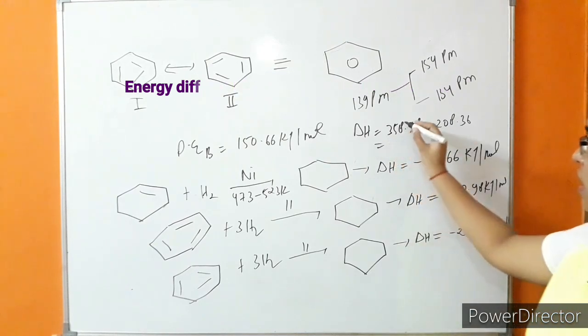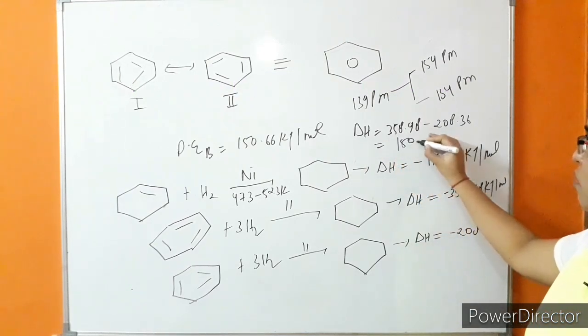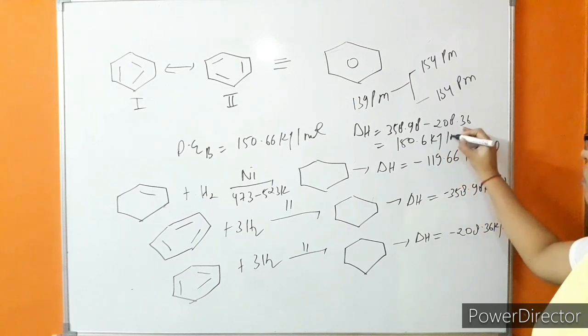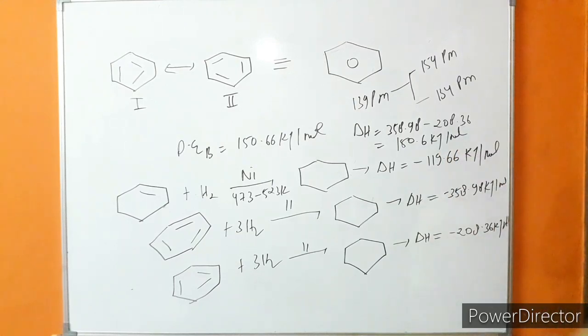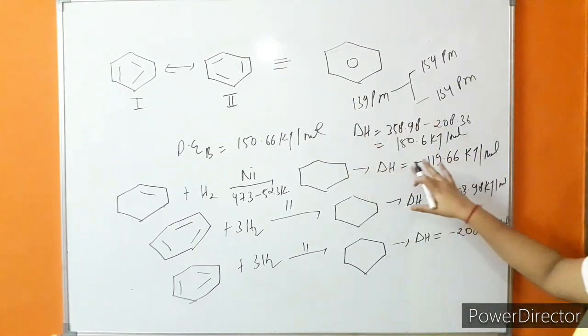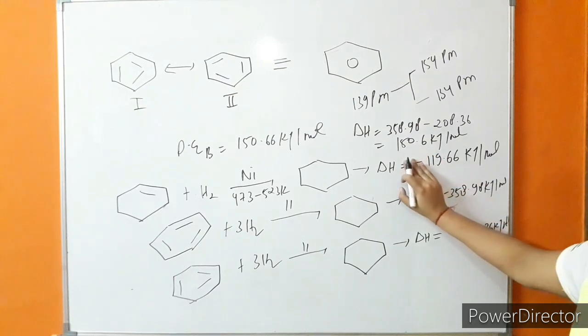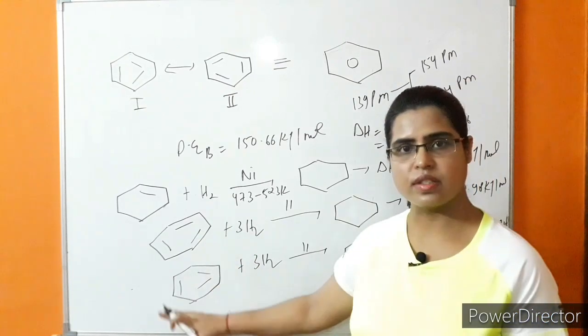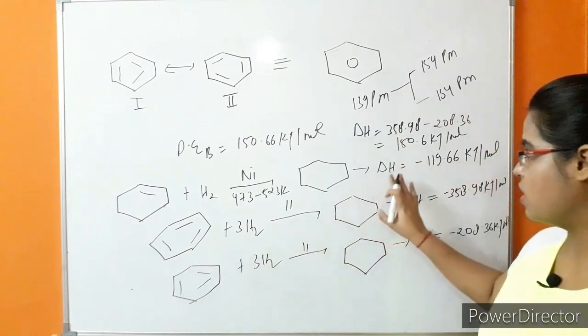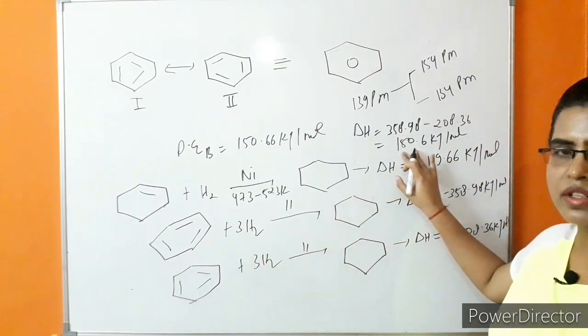It means around 150.6 kilojoule per mole of energy is obtained, and this energy is used in delocalization. Because of the continuous delocalization, the energy of benzene ring is 150.6.